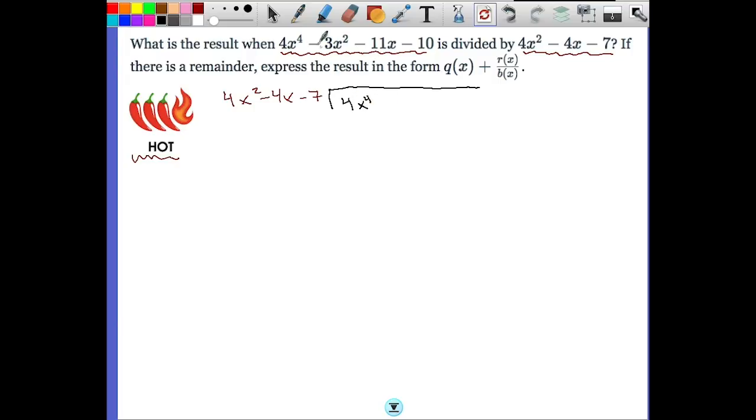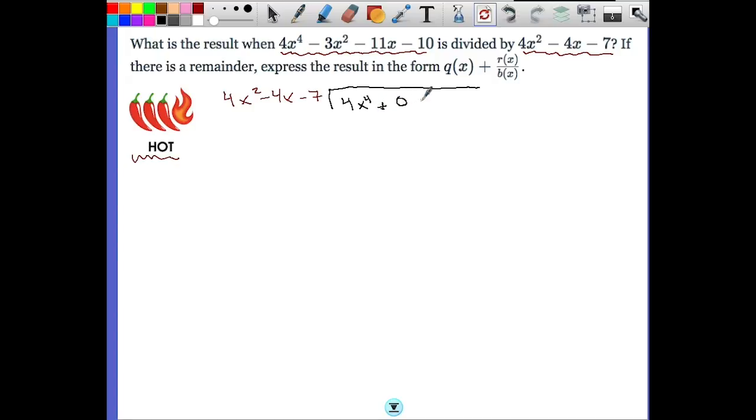Now, one of the ideas with our dividend here is that, first of all, it's in standard form, so our highest degree is here. The next thing we want with this algorithm of long division is we want to make sure all degrees are represented in decreasing order as we go to the right. So our next term is a second degree, which means that there is a third degree placeholder that we're going to put right here.